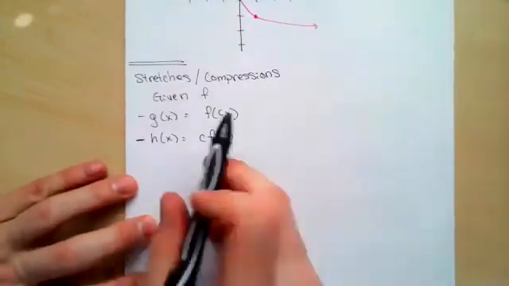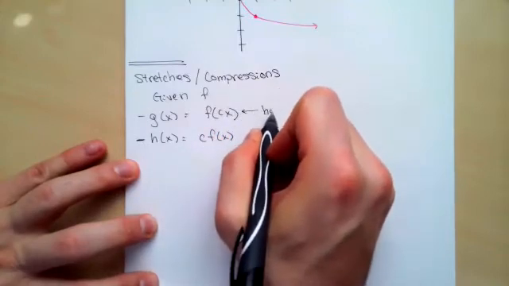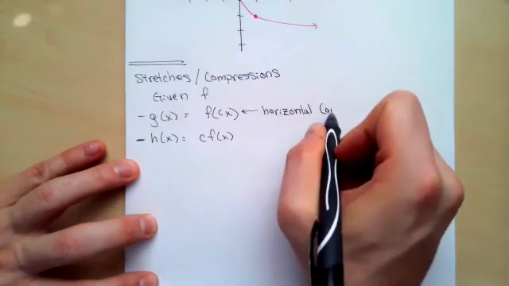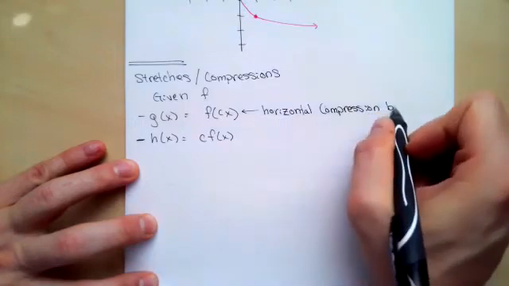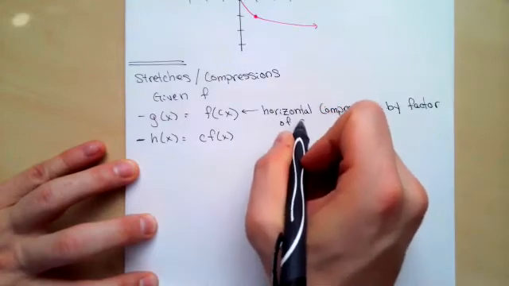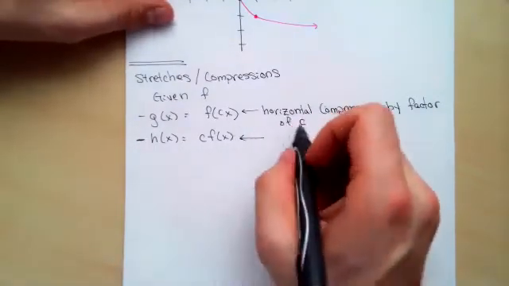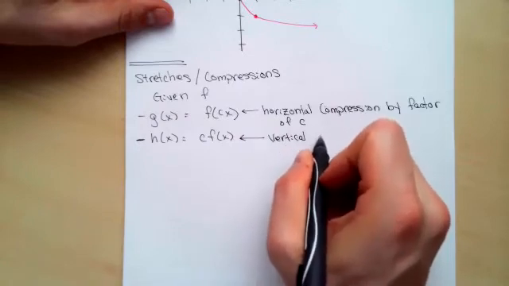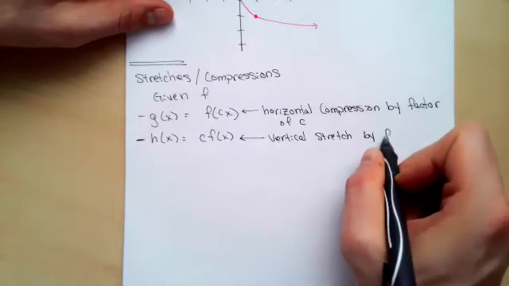And as with the other ones, anything that happens inside the argument affects our x-axis. So this is actually going to be a horizontal compression by a factor of c. And outside, when it affects the y values, it's going to be a vertical stretch by a factor of c.